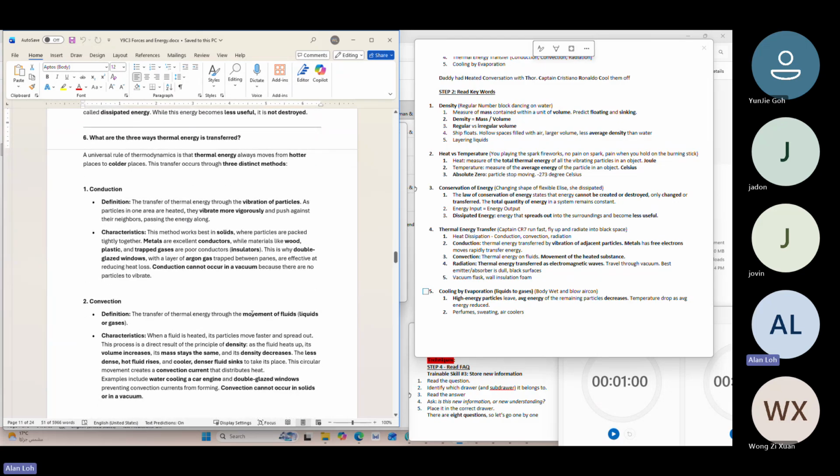Okay, let's go to question number 6, which is a bigger question. Jovin, tell me which drawer is this? Thermal energy transfer. Good, very good. Now let's read, everyone. Let's read this in 1 minute.